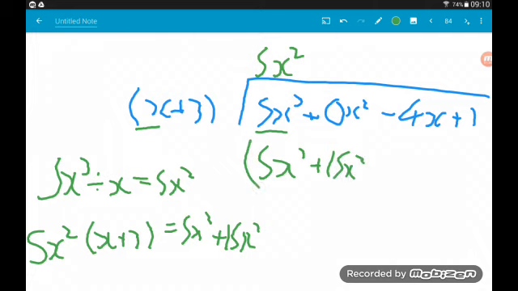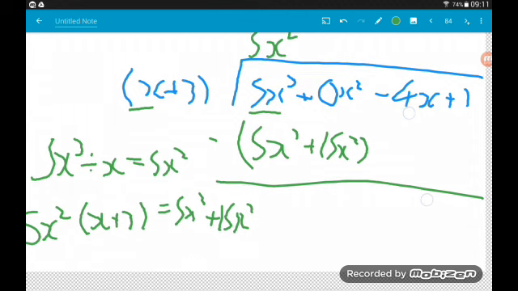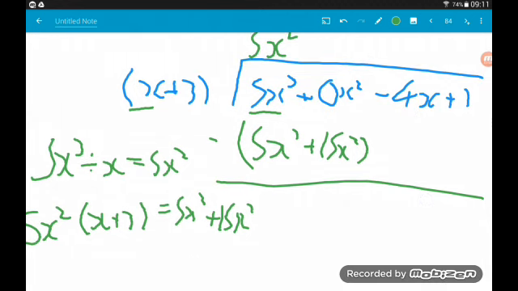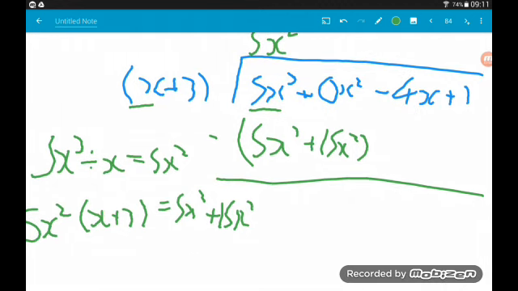Okay, now we're subtracting the green expression from the blue expression. So 5x cubed take 5x cubed is nothing. 0x squared minus 15x squared is going to be minus 15x squared, and then the minus 4x plus 1 just fall down.